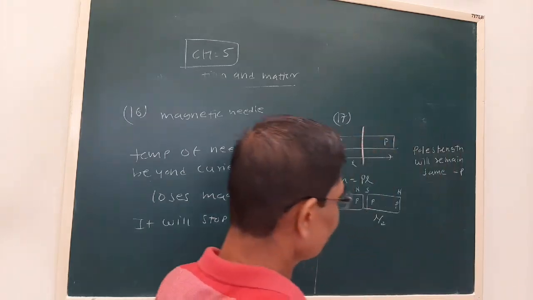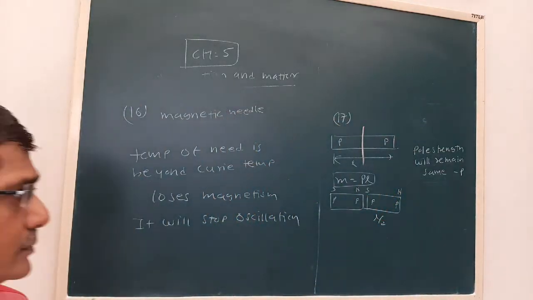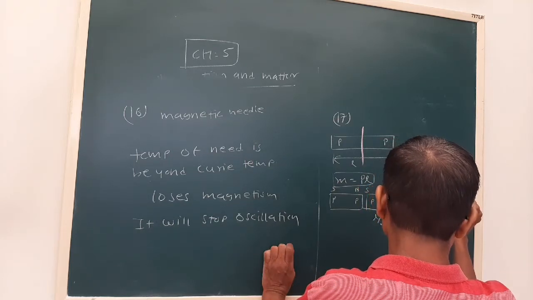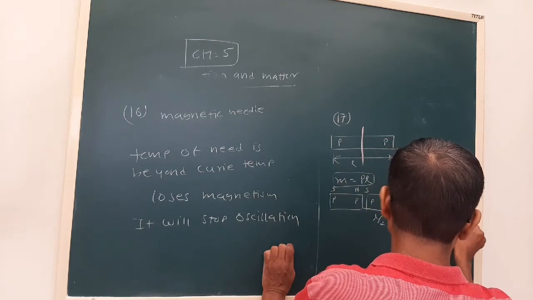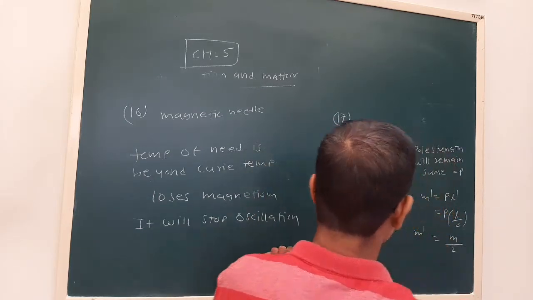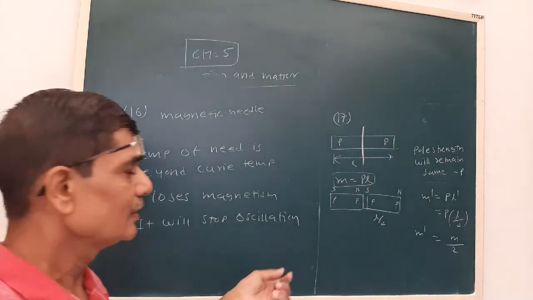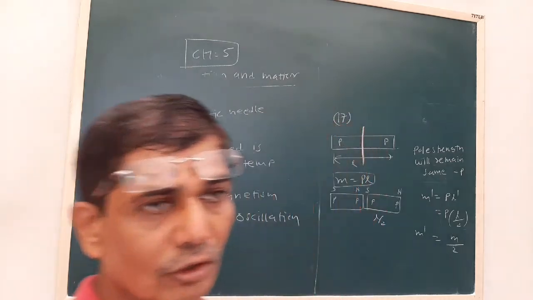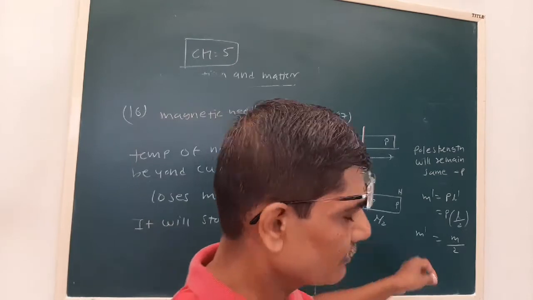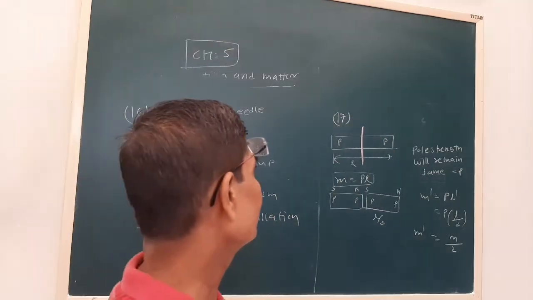Length will become half. M is equal to PL, that is our initial equation. M dash is P into L dash. PL is M. So the new dipole moment will be M by 2. So when a magnet is divided into two parts of equal length, perpendicular to its length, the dipole moment of each part will be M by 2.